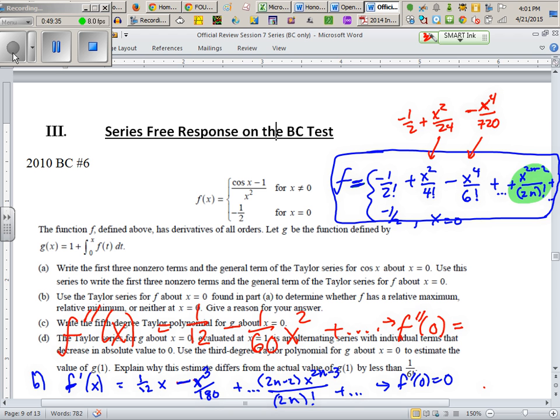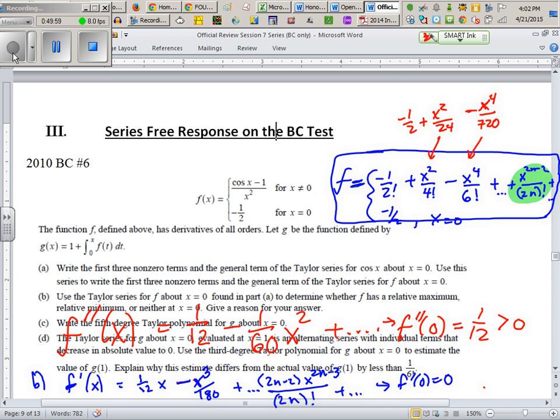Moment of truth. What do you get? You get 1/12. Interesting. So notice that the second derivative at 0 is positive. The first derivative at 0 is 0. The second derivative is positive. That's a minimum. We have a happy graph at a horizontal tangent.